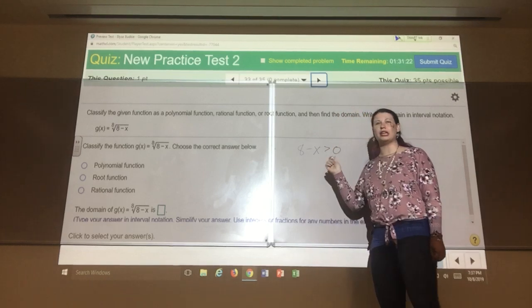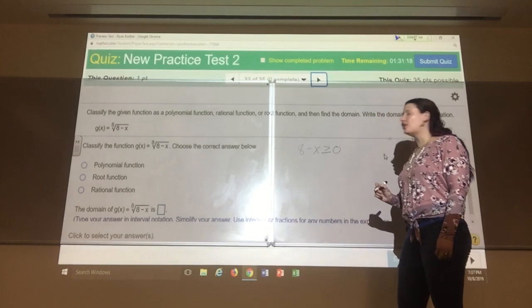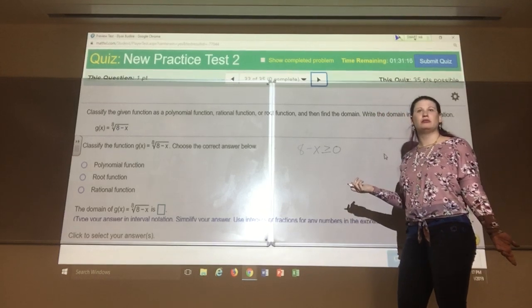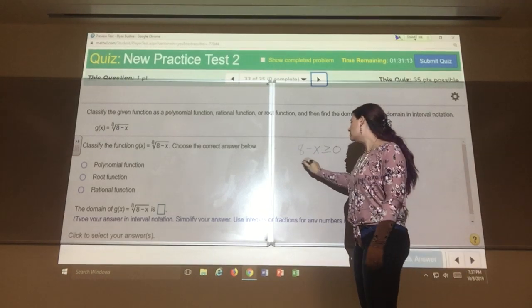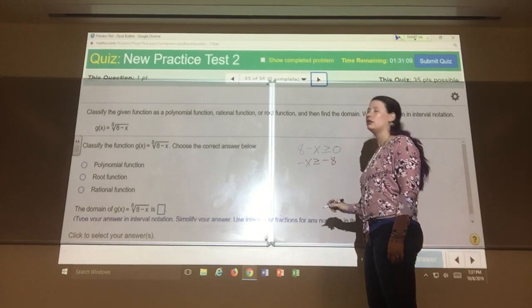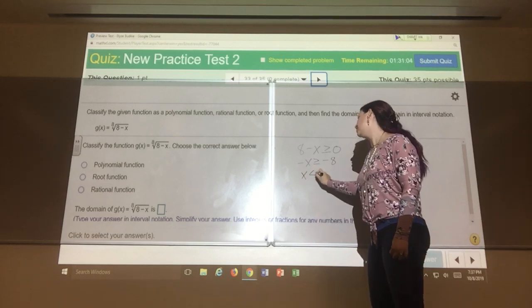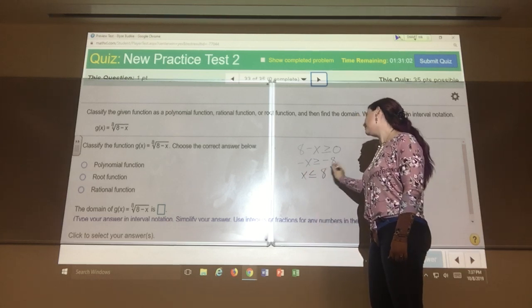Can it be equal to? Yes, it just can't be negative. Okay, and then we solve, right? So subtract the 8. So negative x is greater than or equal to negative 8. So then x is less than or equal to positive 8.